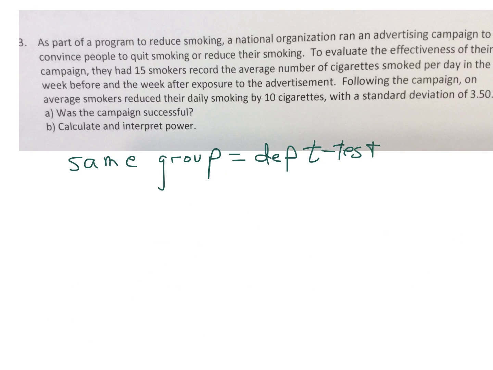And so on average, the smokers reduced their daily smoking by 10 cigarettes with a standard deviation of 3.5. And so what they've done is they've done the calculation from that formula for you of the D bar minus the population mean here.